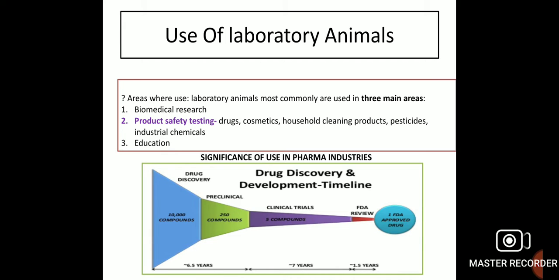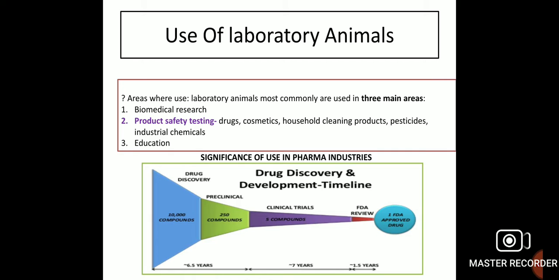So, what are the areas where laboratory animals are mostly used? There are three main areas where laboratory animals like rat, mice, guinea pig, rabbit are used. First one is biomedical research.